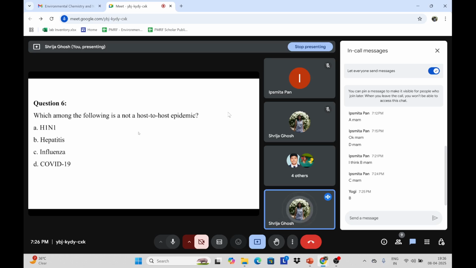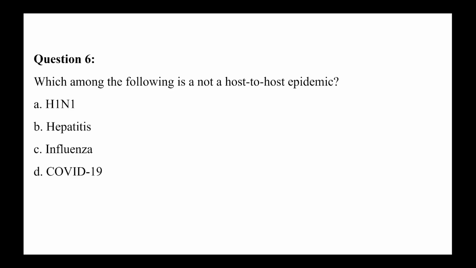Okay, I have one more answer, option B, that is hepatitis. Yes, that is the correct answer. Hepatitis is not a host to host epidemic. The rest, H1N1, you must have heard of the H1N1 virus also.